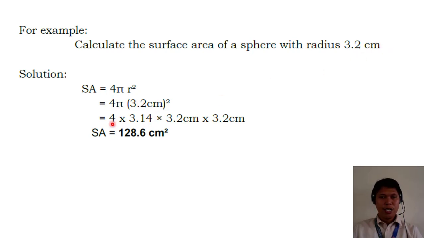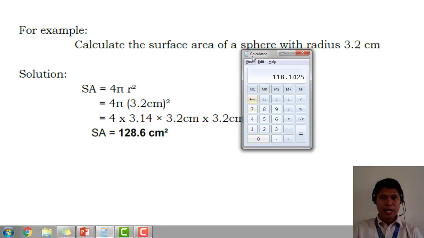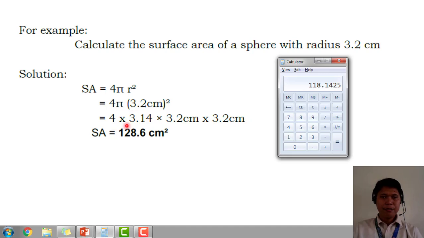And then 4 pi is 3.14, and then 3.2 times 3.2. Let's try to check using the calculator. So you have 4 times 3.14 times 3.2 times 3.2 is equal to 128.6144, and the author rounded it to one decimal place. So it is 128.6 square centimeters, and this is our surface area.